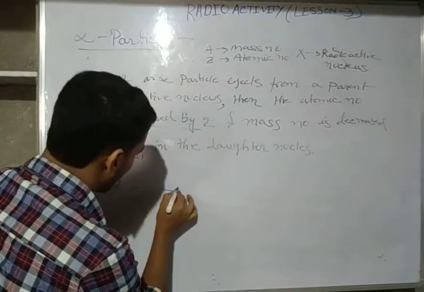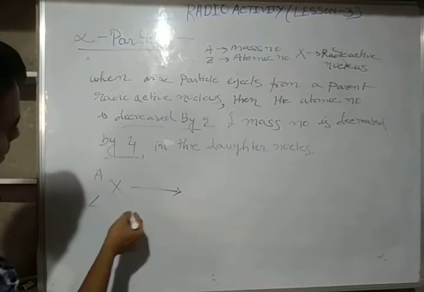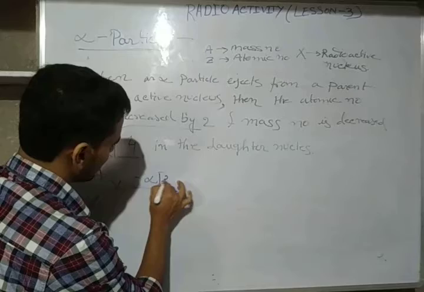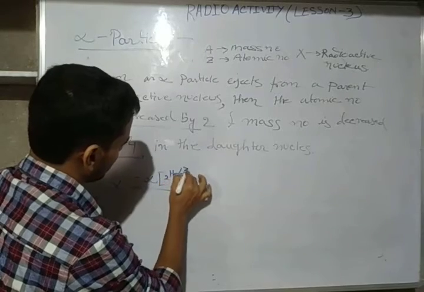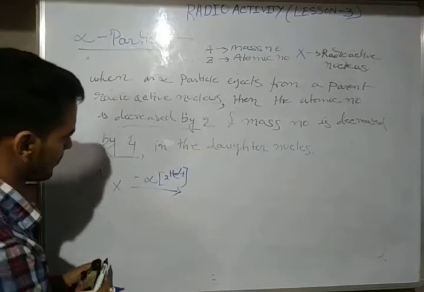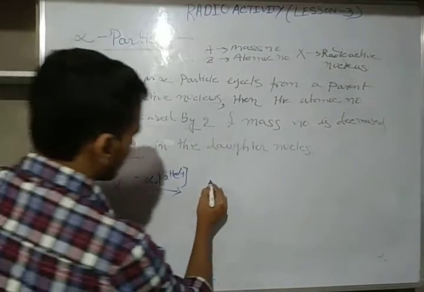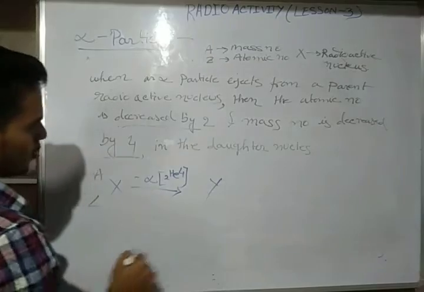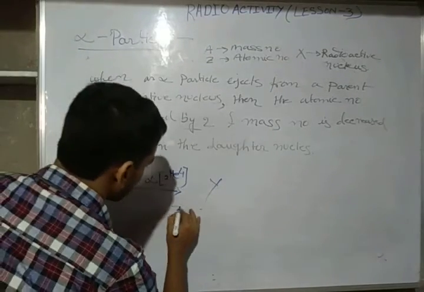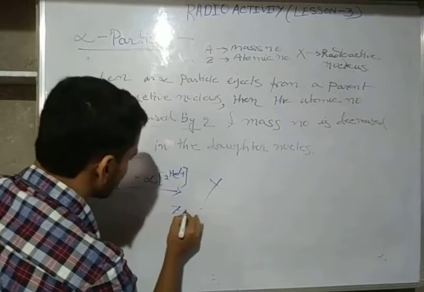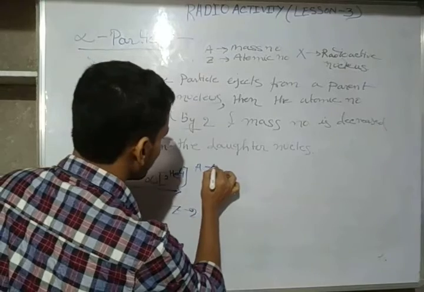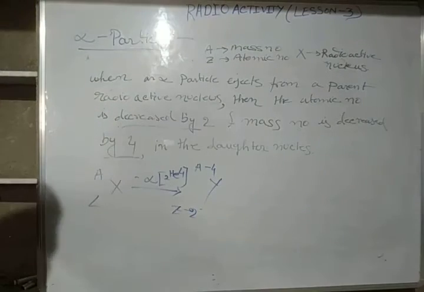When an alpha particle, which is a helium atom, emits from it, then the daughter radioactive nucleus, let Y, has atomic number decreased by 2 from parent and mass number decreased by 4.